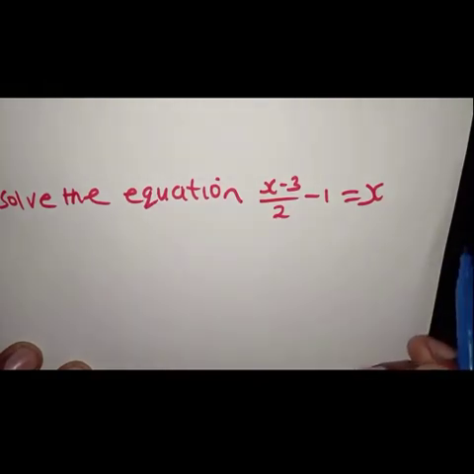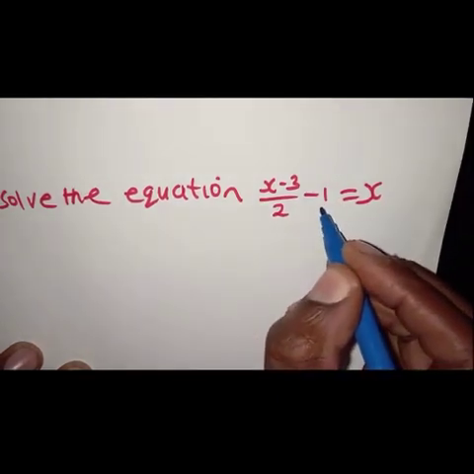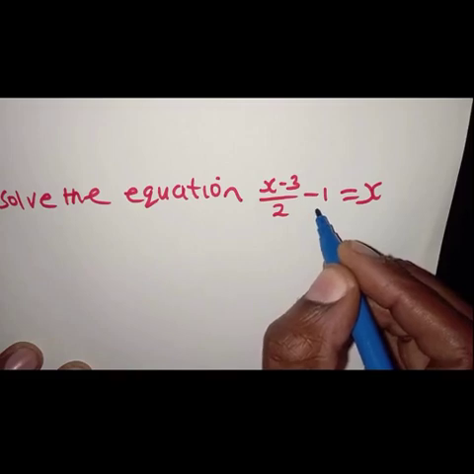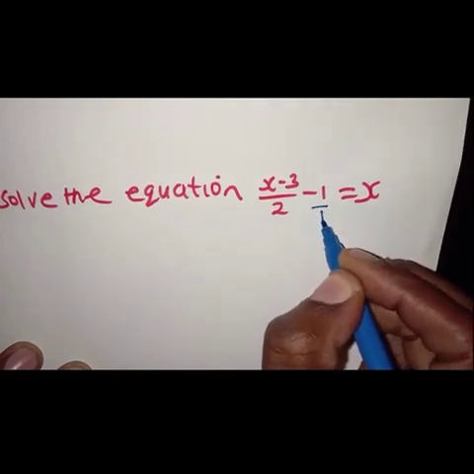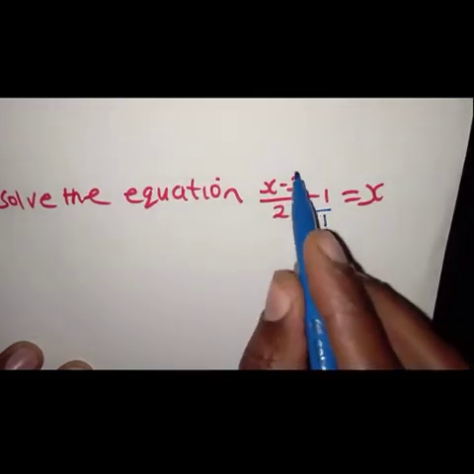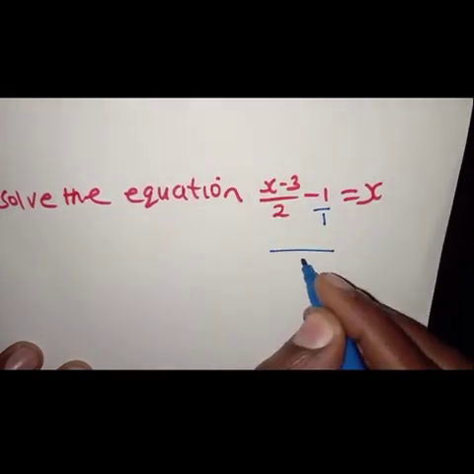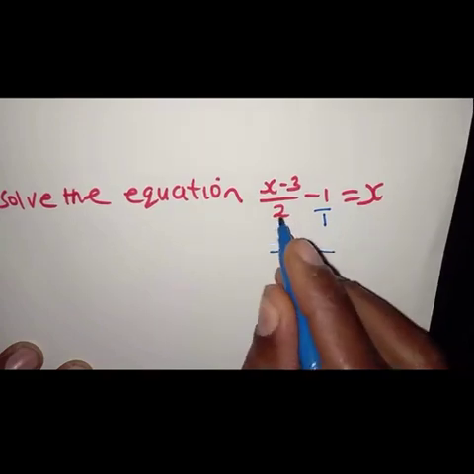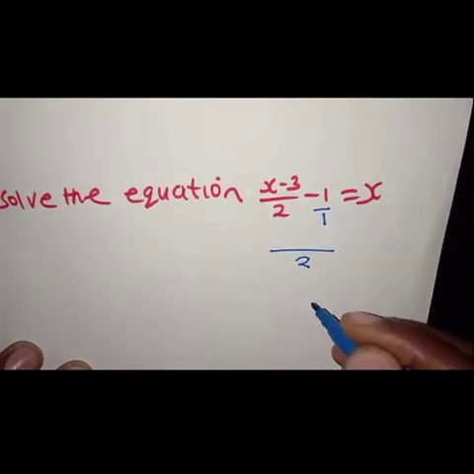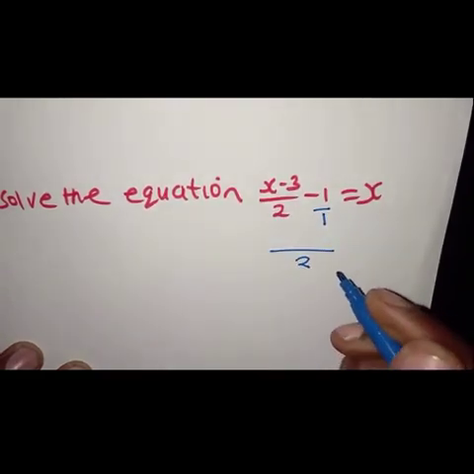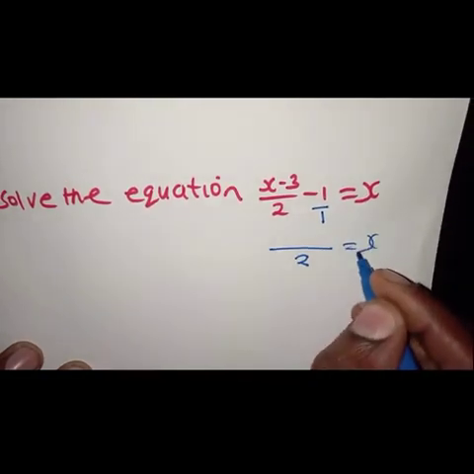So what we're going to do here, we're going to divide here over 1 like this. Then since there's minus, we need to look for the common denominator, which is a 2, where 1 and 2 will go without giving us a remainder, right? Here we have x.